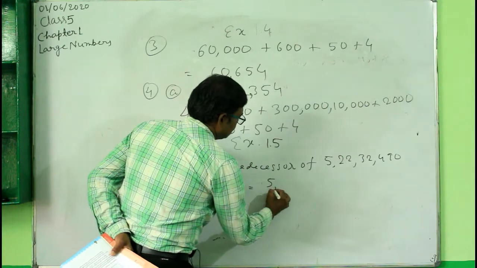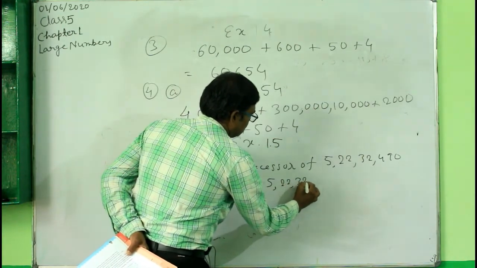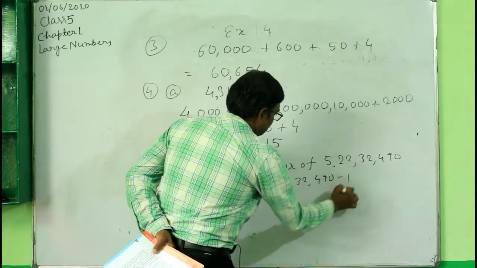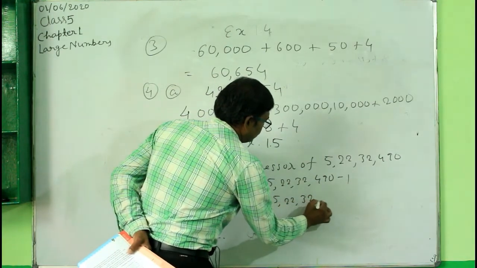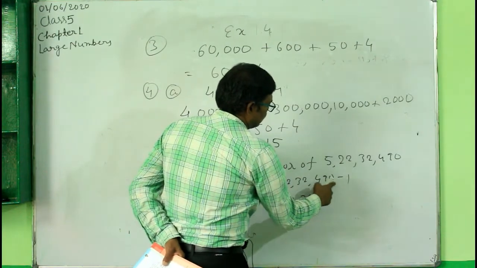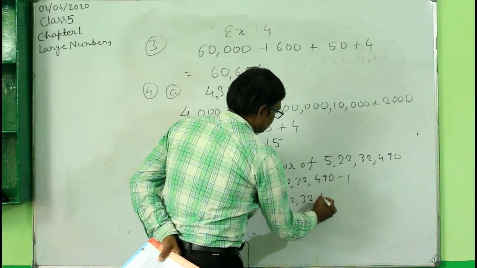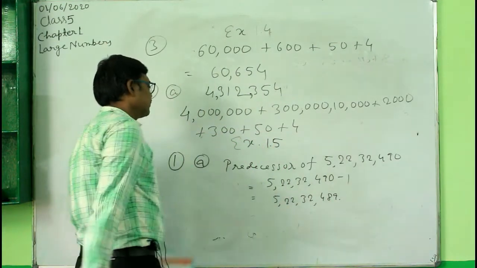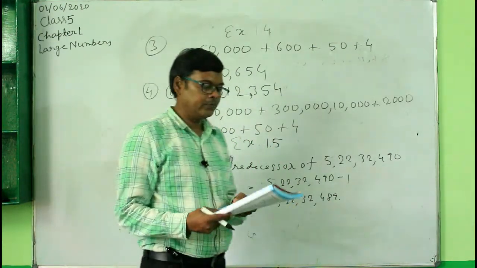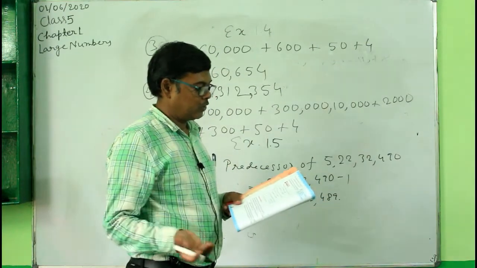You will subtract 1. It is 490 here, so subtract 1 from 90 and you get 89. So it will be 489. This is the predecessor of this number. Similarly, you can find the predecessors of the other numbers. Then I will move on to the successor.